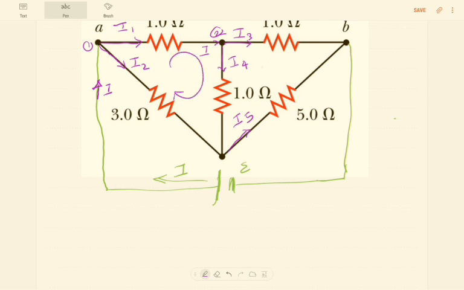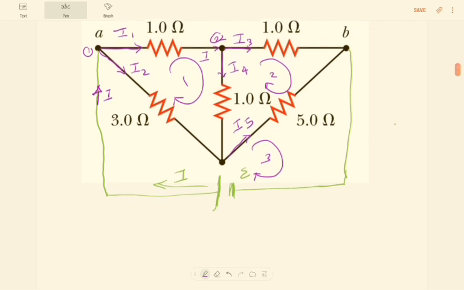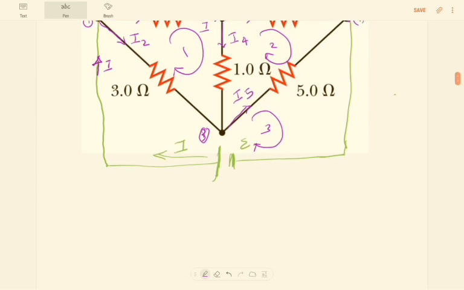Let's specify our loop. Here we have 1, 2, and another loop, the third loop here. This is 1, 2, 3. Now let's put down the equations we get from the junction points. Now from junction point 1, and here we will have junction point 3, and here you have junction point 4.